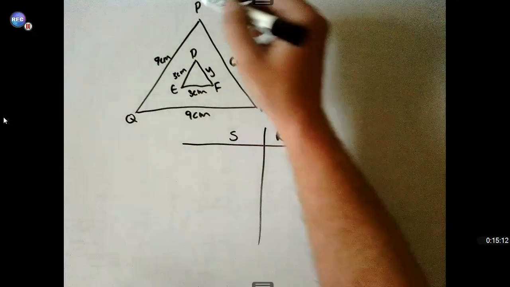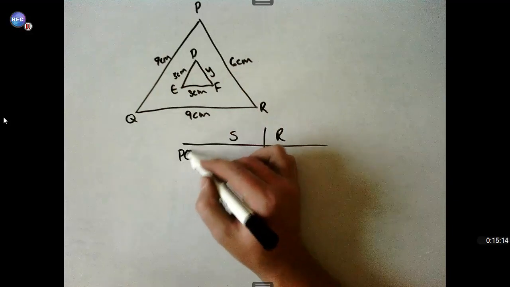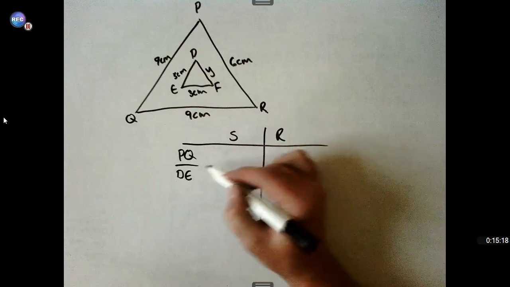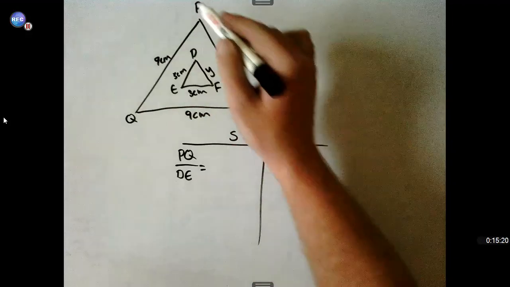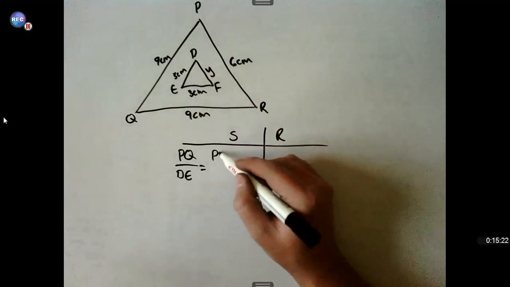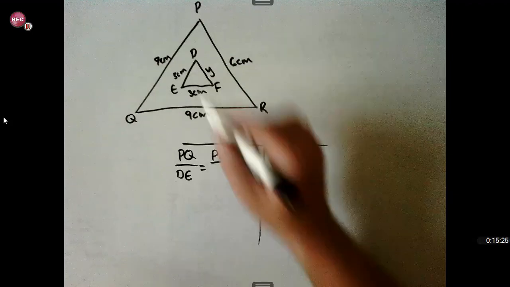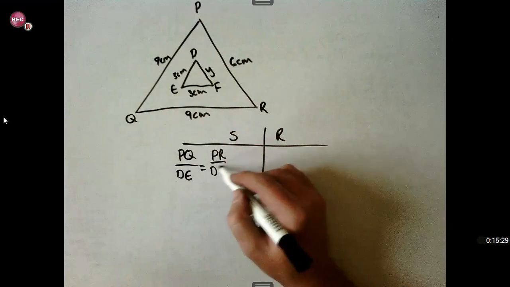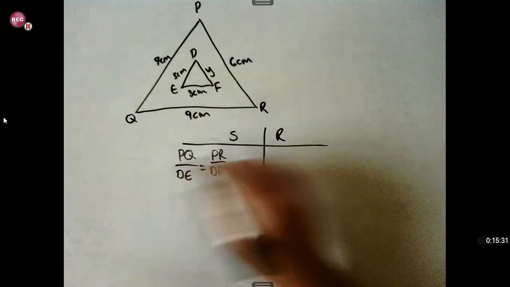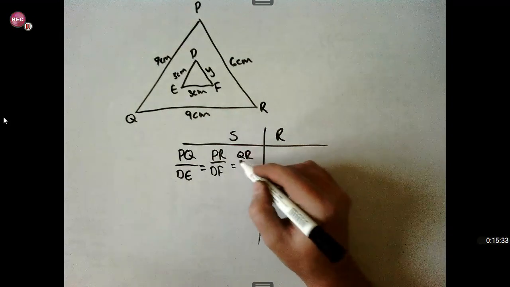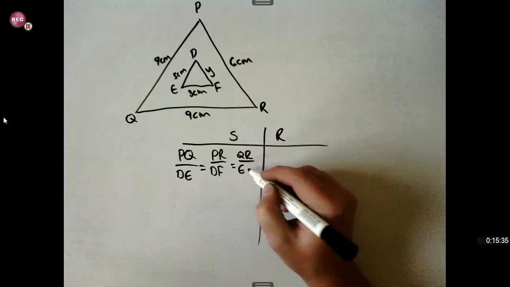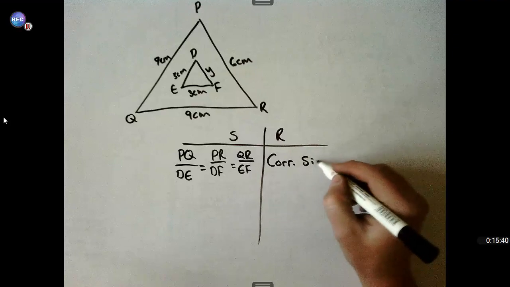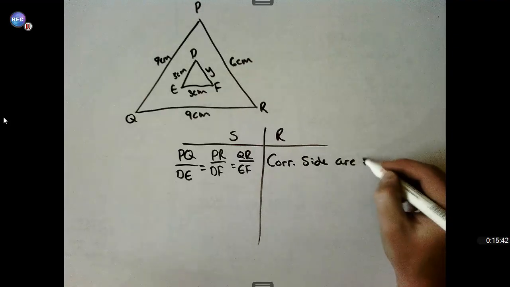So PQ over DE is equal to PR over DF, then QR over EF, and the reason is corresponding sides are in proportion.